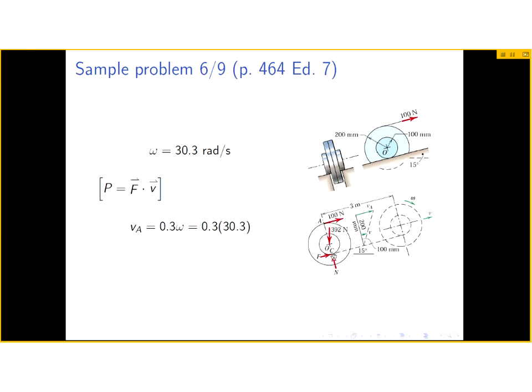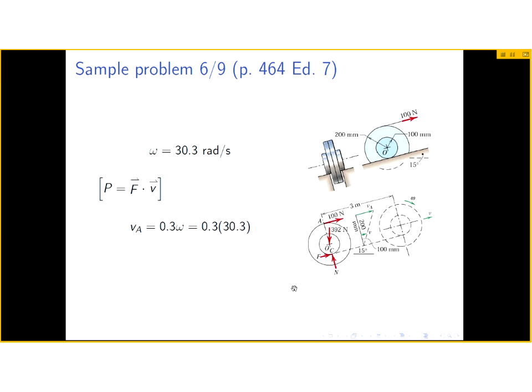So the velocity of A is the velocity of C, which is 0, plus the velocity of A relative to C, and the velocity of A relative to C would simply be this total distance of 0.3 meters, the distance between C and point A, multiplied by the angular velocity of the wheel of omega, which we've calculated as 30.3. So we can say that the velocity of A is 0.3 times 30.3 meters per second.